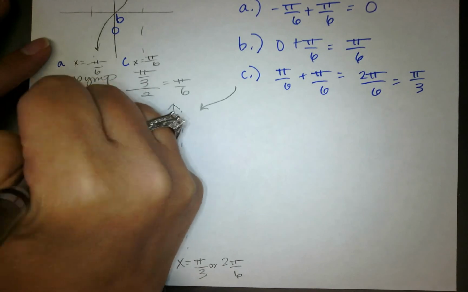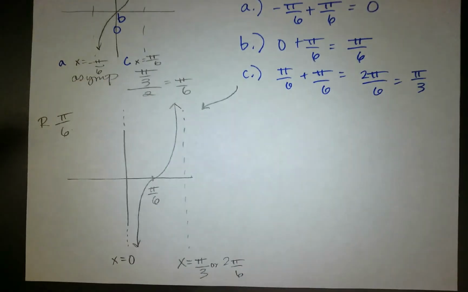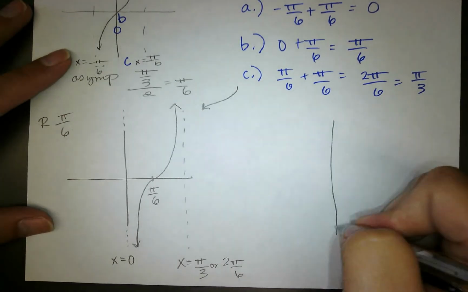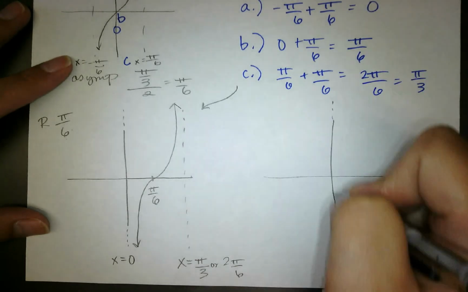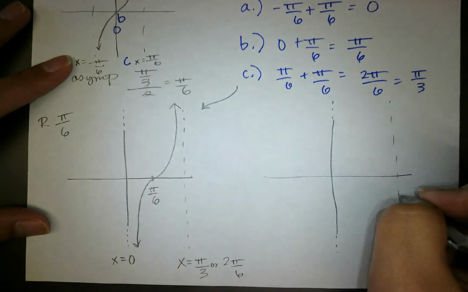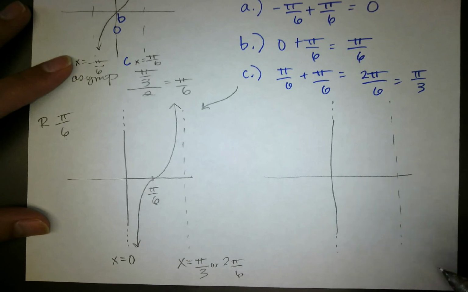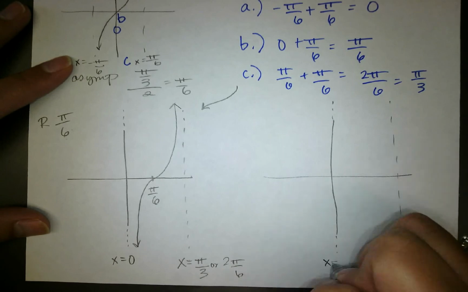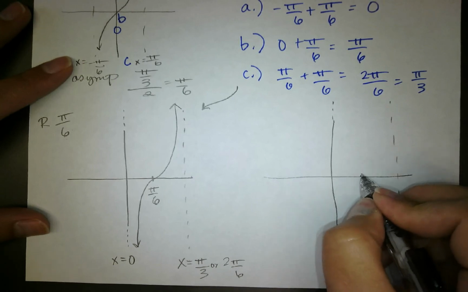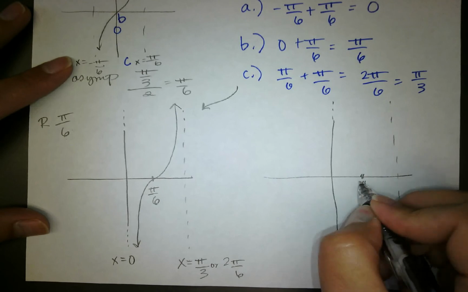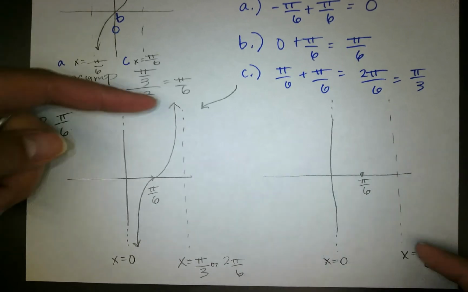So right pi over 6. Alright, and last but not least, we have an up-down flip. So this is like flipping your cubic graph. Your up-down flip does not affect your x values, so these guys stay the same. So it doesn't change this x value either. But it flips it up-down.